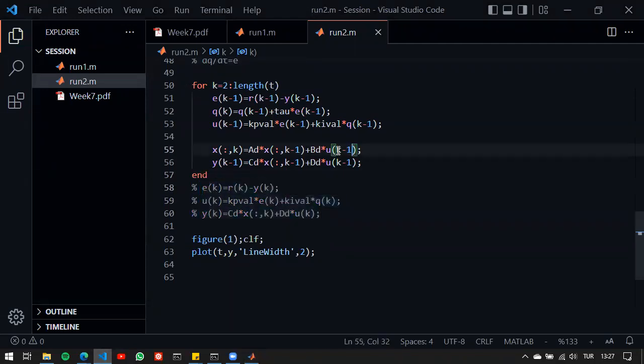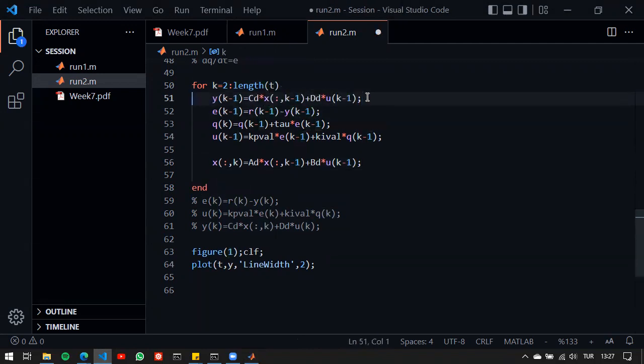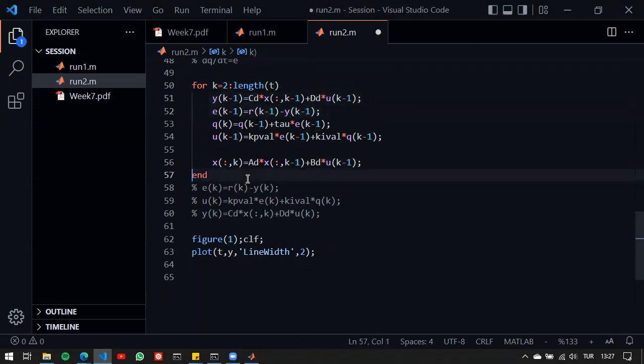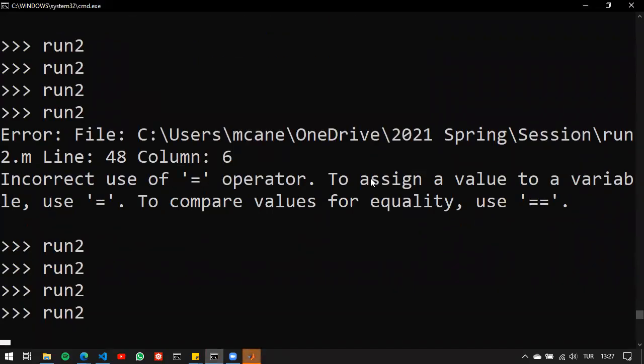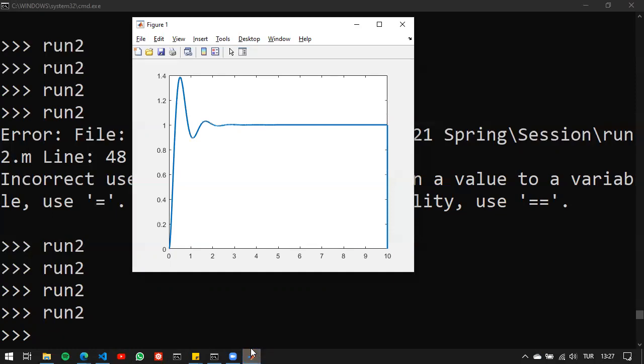Just comment this out. Now we are taking the difference here. But we should move this on top here. This should be it. Now let's see. There we go.